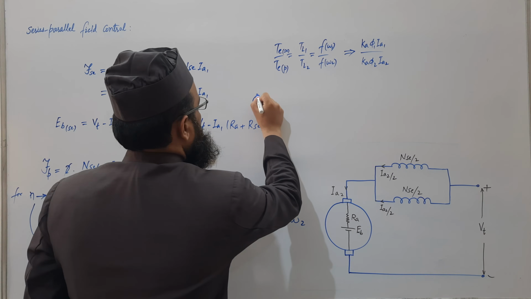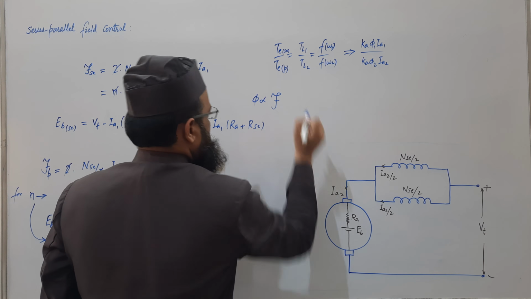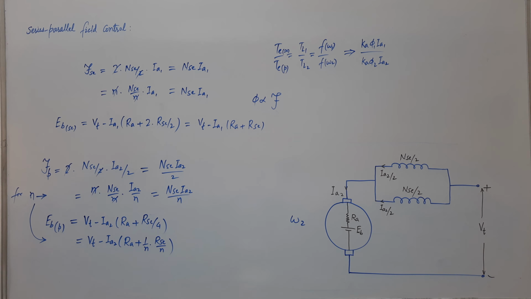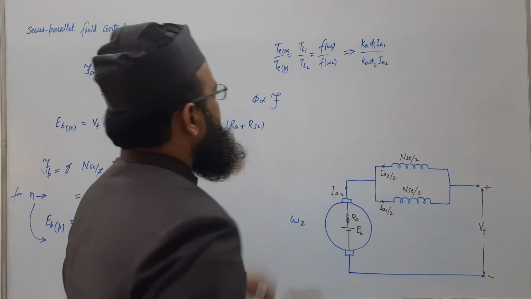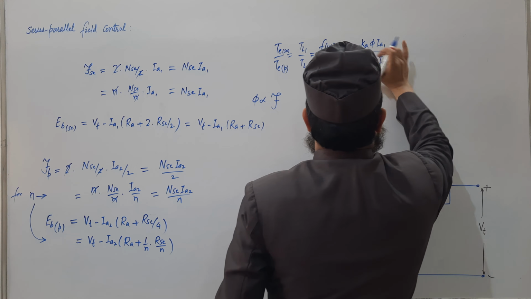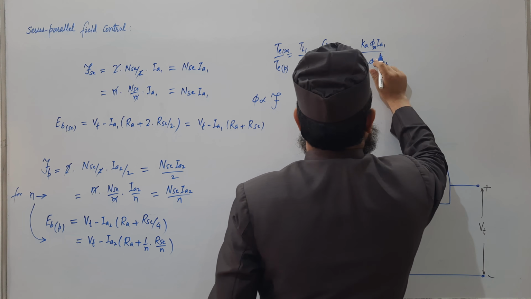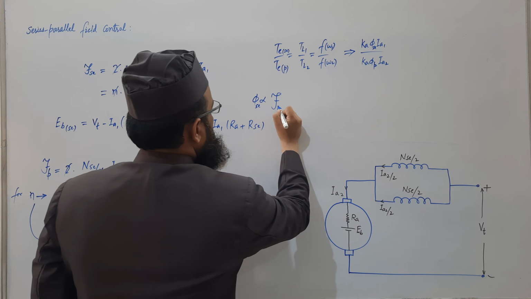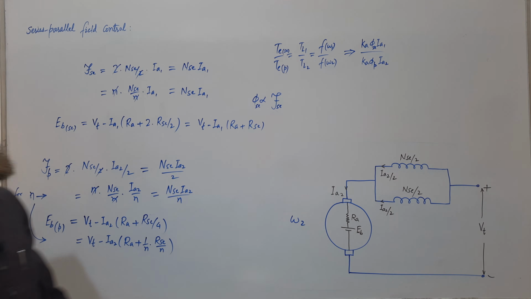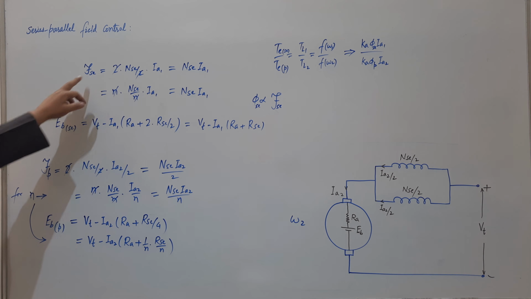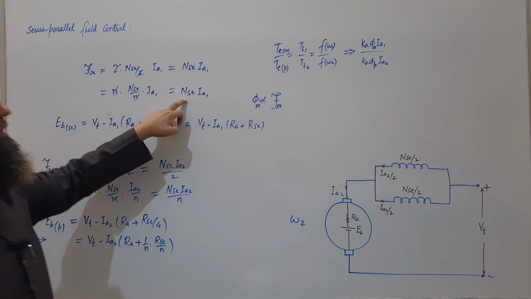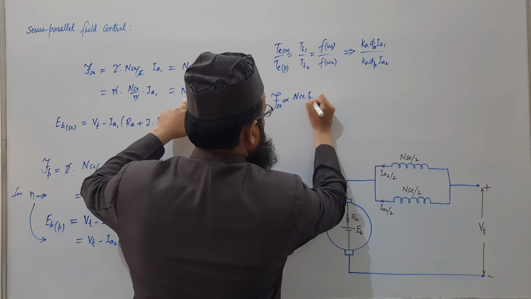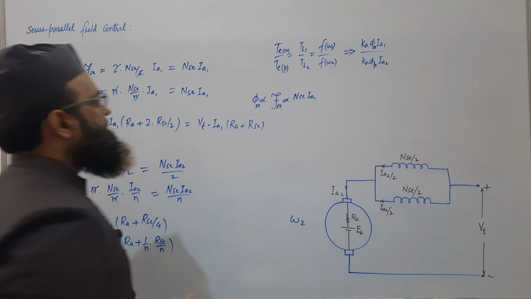As we know that phi is proportional to MMF, phi SE will be proportional to this, which is nothing but NSE Ia1.